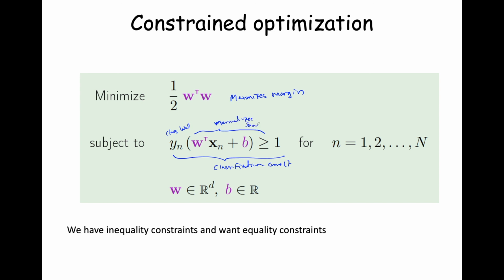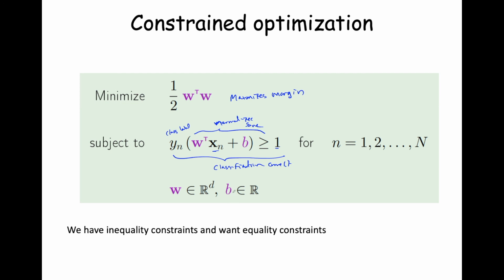And if we use this greater than or equal to, it's going to prefer hyperplanes W such that the closest point, who scores exactly 1, has the classification correct. Okay. Now, the W is drawn from D dimensions, so it's a D-dimensional model, and our bias is also drawn from the set of reals.